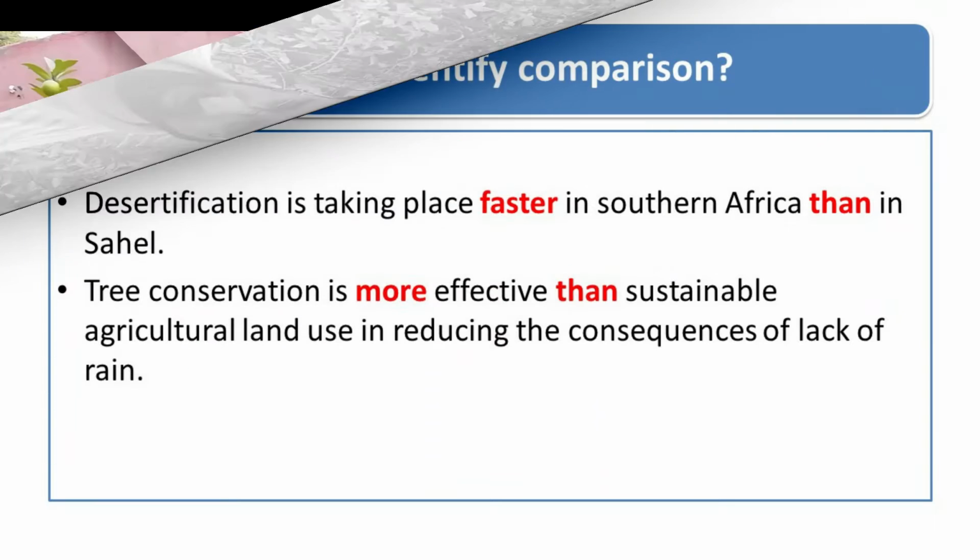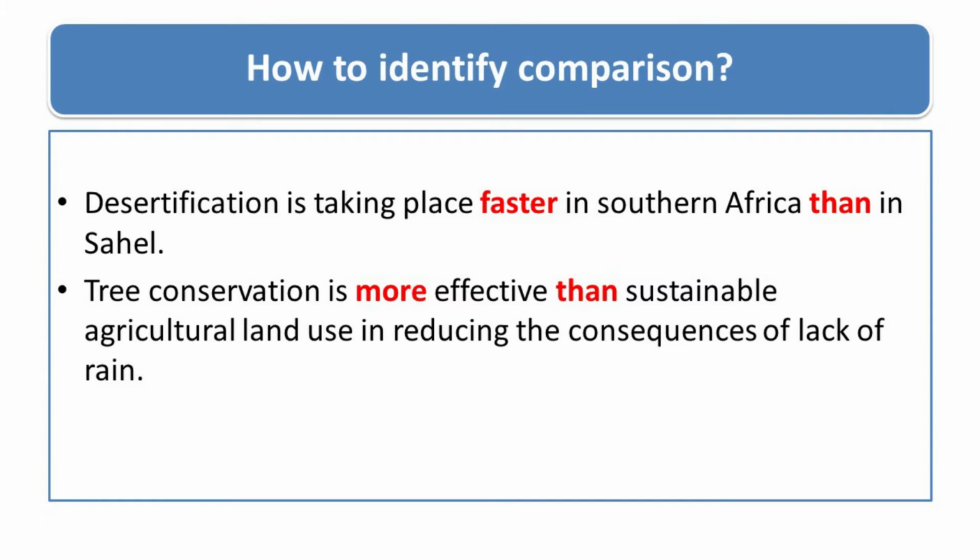You may have a question in your mind: how can the presence of comparisons be identified in this question type? You can easily identify the comparison by locating two things. First of all, if the question contains "than", it has comparison.